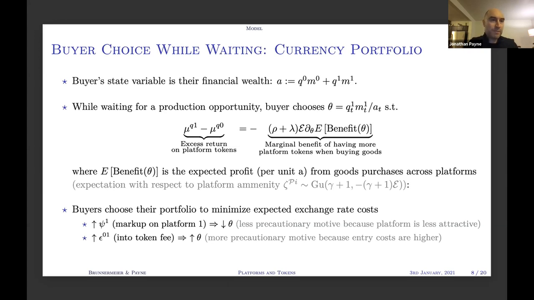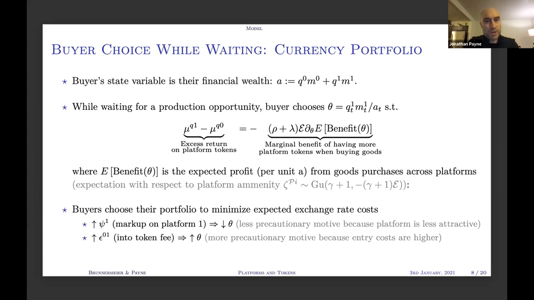You're also balancing that with a precautionary saving desire: if it turns out you really want to go to the digital platform, but you have a lot of money, you have to pay a high exchange rate fee. Or vice versa, if you're holding a lot of tokens and you really want to go to the public market, then you also have to pay a high exchange rate fee. And so the second thing that enters your portfolio choice is a desire to minimize your expected exchange rate costs if you find that you really want to go to one platform, but you don't have the right currency. These are the two things that enter.